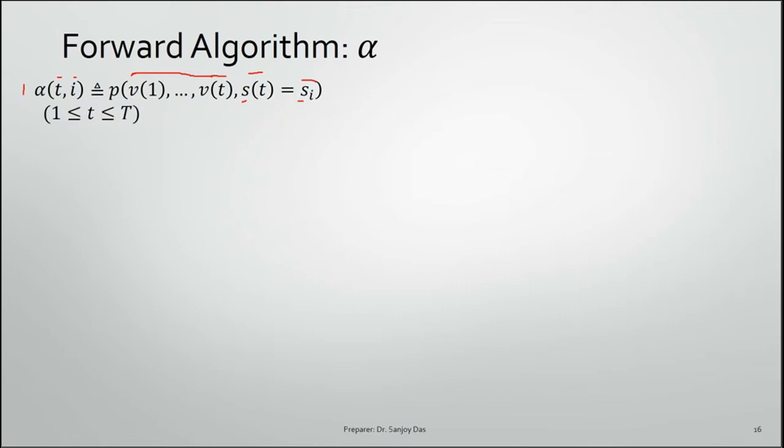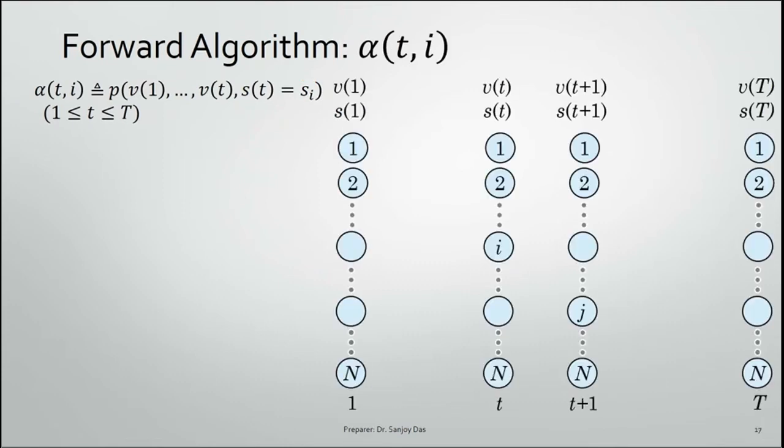And of course, the time step can be between 1 and T. So here's how we can visualize the forward variable alpha ti. It's the probability of the outputs v1 up to vt, the current time step t, and St, the current state at time t.